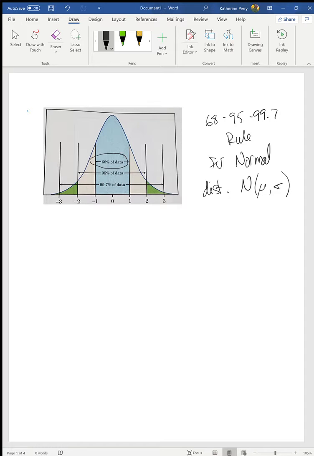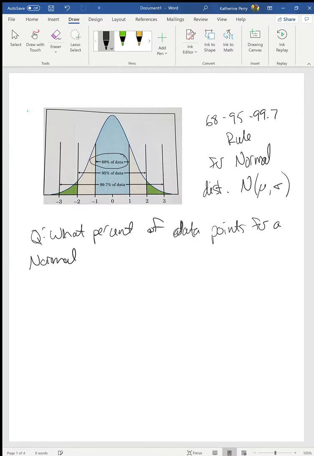And so 68% is the answer to the following question. So what percent of data points for a normal distribution are within one standard deviation of the mean?